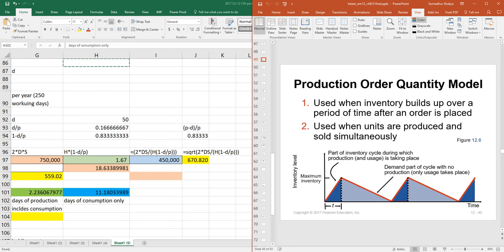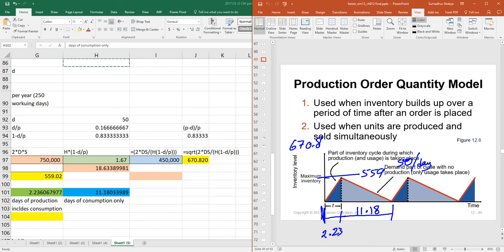They produced 670.8 units ideally, and they reached the level of 559 some units. It took them 2.23 days to reach this 559 level. Then at the rate of 50 units a day, it will last them 11.18 days.